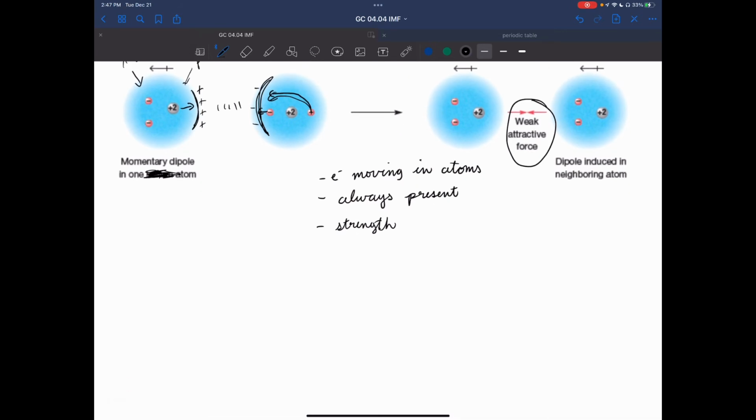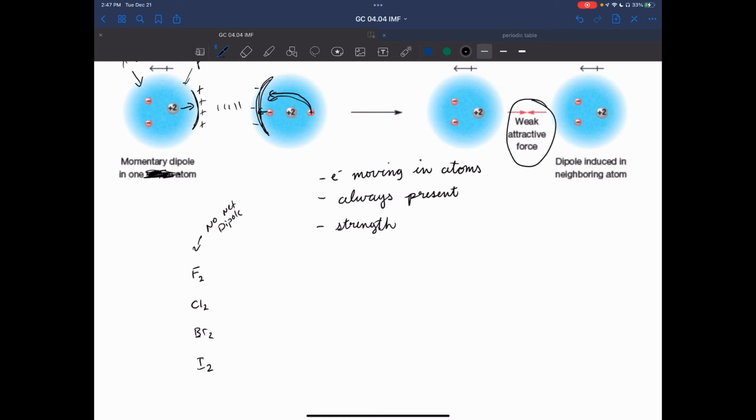So let's think about these compounds: F2, Cl2, Br2, and I2. You'll notice that all of these have no net dipole, which means that they're only going to have London dispersion forces.